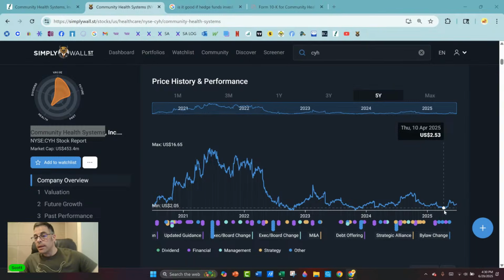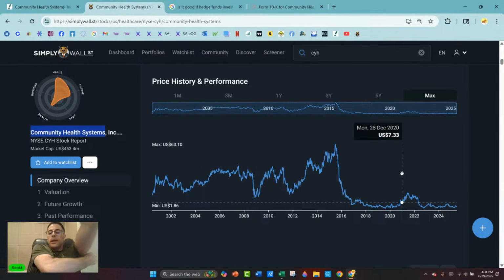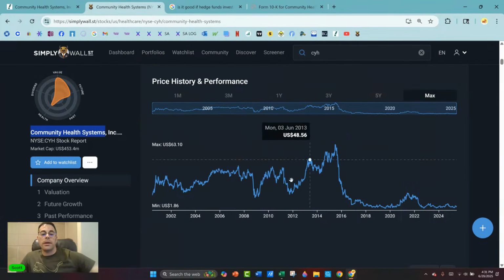But it does look like it's at a decent point because I don't know if it's going to get much lower than $2. That's kind of the resistance point in 2022. And the history of a stock is telling of the future because that's what happens. There are resistance points on the top and bottom.